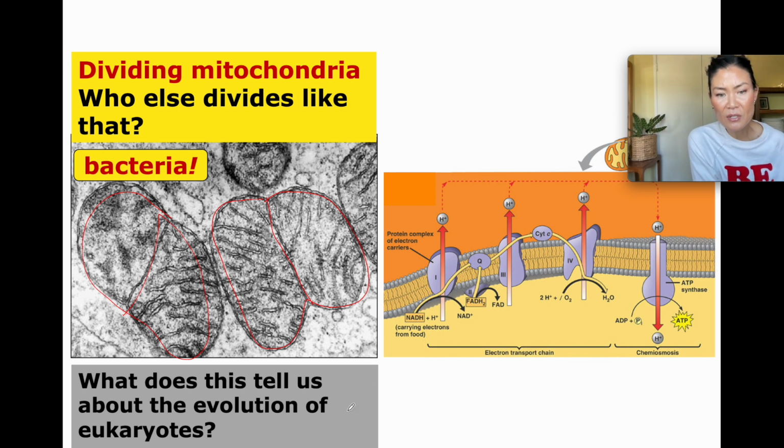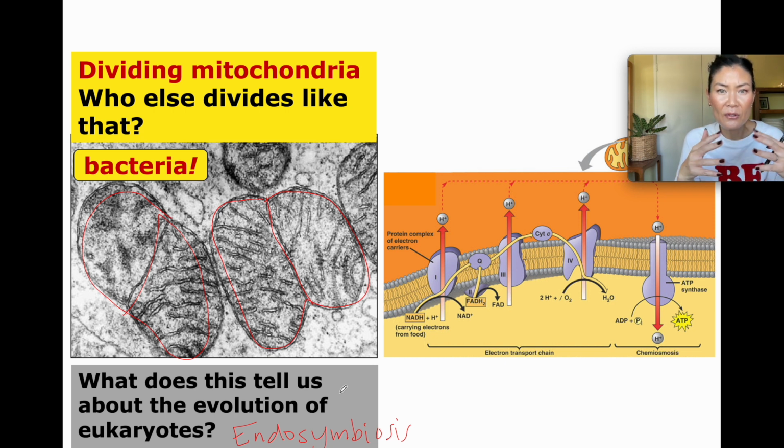Remember endosymbiosis? Let me just spell it out here. Endo means inside. Symbiosis is where you have two different organisms, two different species, living in close association with each other. And the theory of endosymbiosis states that mitochondria used to be little tiny prokaryotes that were engulfed by larger cells, and instead of being digested and eaten by the larger cell, they remained alive inside.